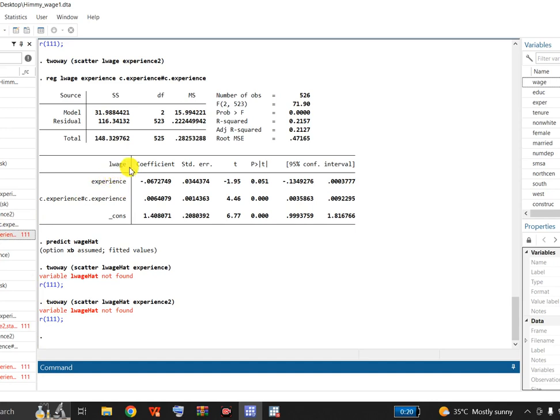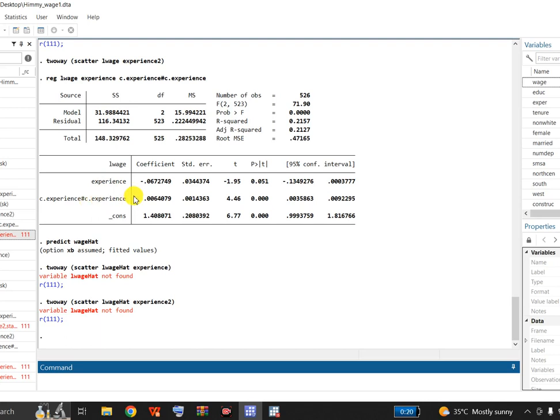we can guess from this regression model that we transformed both the variables. The left hand side variable was transformed by taking the log of wage, and the right hand side variable experience was transformed in such a way that it is entered in this model in two ways: one is experience itself, and secondly experience squared.